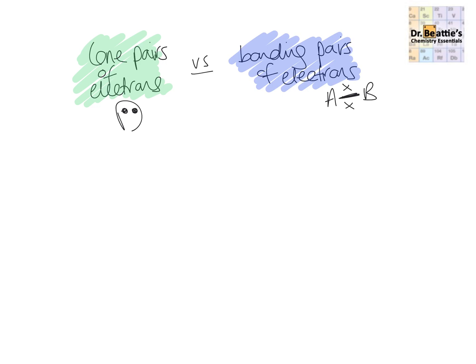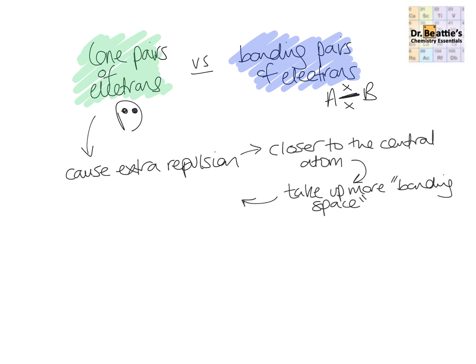The first thing to know about lone pairs of electrons is that they cause extra repulsion. The reason for this is that the lone pairs are closer to the central atom because they're not involved in a bond, and so they take up more of the available space. As a result, they will repel any other neighbours more than a bonding pair.